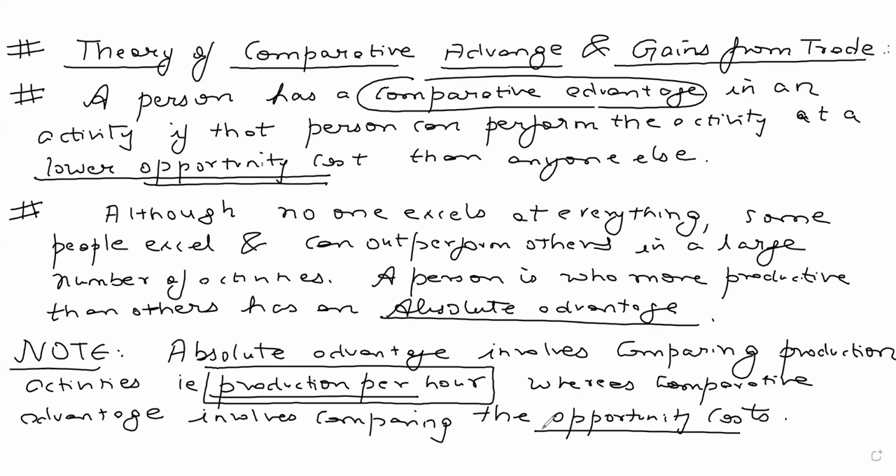I say that I have a comparative advantage in solving economics questions, because my opportunity cost of solving economics questions is lower as compared to my friend. I'm going to take a proper example. This was just one example we have taken.